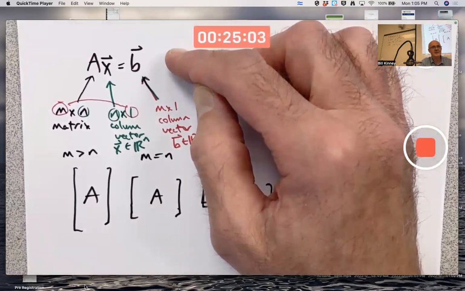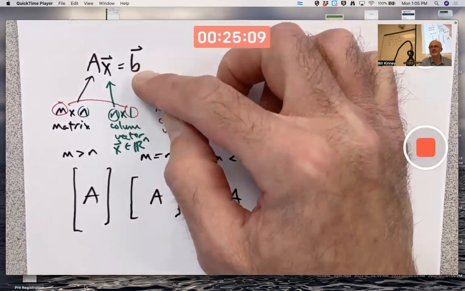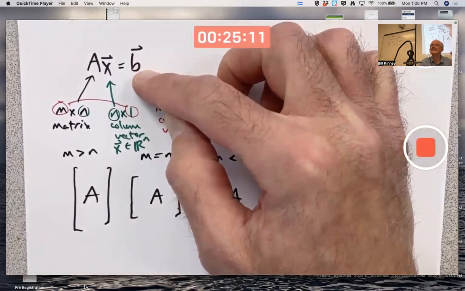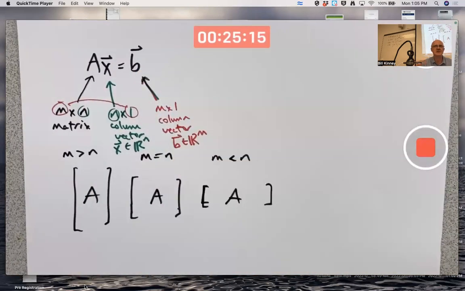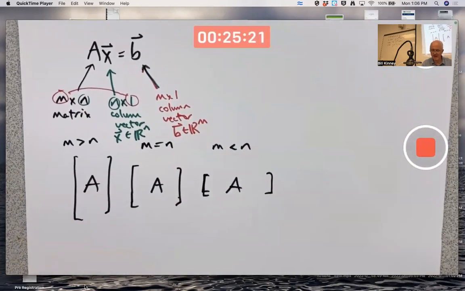If B were the zero vector, if I was trying to solve a homogeneous system, then I'd be trying to find what's called the null space of this matrix, which is the same thing as the kernel of the linear transformation. It's just different terminology. And what is the corresponding linear transformation?